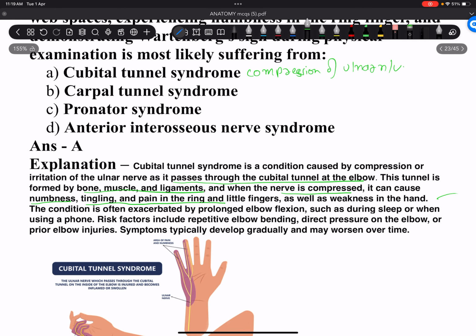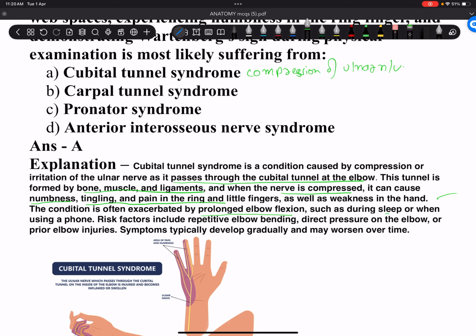The condition is often exacerbated by prolonged elbow flexion, such as during sleep or when using a phone. So don't use the phone too much, and don't sleep on your hand or keep your elbow flexed. Some people have a habit of putting their hand below their head and sleeping.